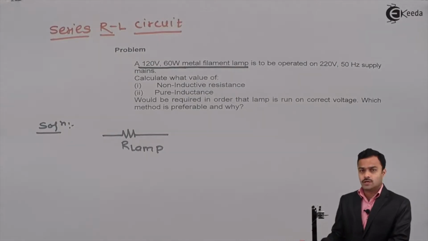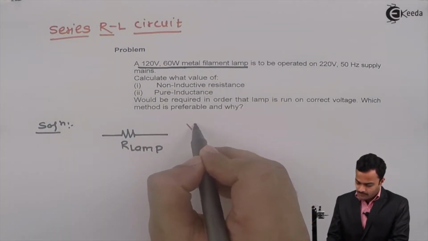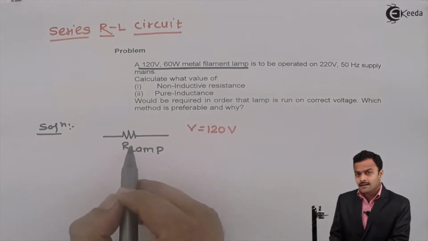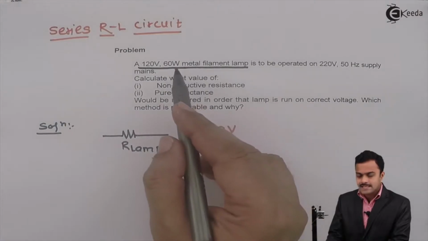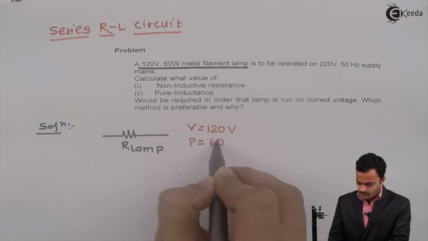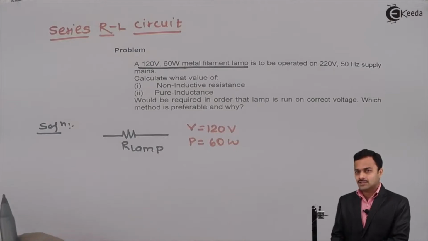Ratings are given. So what are the ratings given? 120 volt. So if I supply 120 volt to this lamp, it will consume 60 watt power, right? So from this you can get the resistance of the lamp.